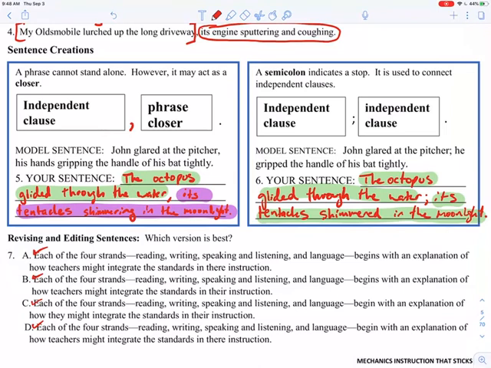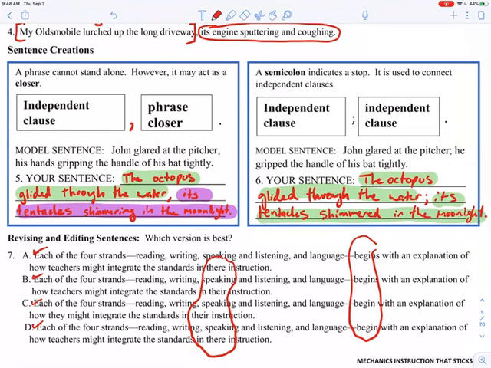Now we have a discrepancy here: begin and begins, with an explanation of how teachers might integrate the standards in their instruction. I see another discrepancy with there and their. I'm not looking at a key today, so I'm figuring this out along with you.